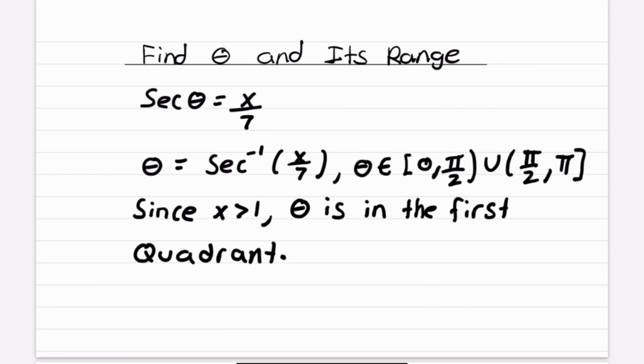This is because if I plug in any number greater than 1 for x, I will obtain an angle located in the first quadrant. Thus, theta belongs to the interval between 0 and pi over 2.